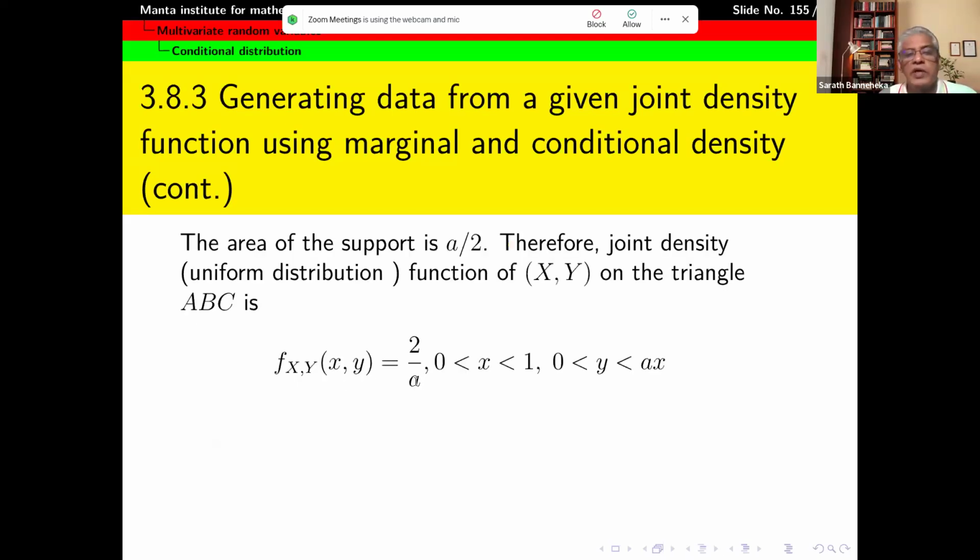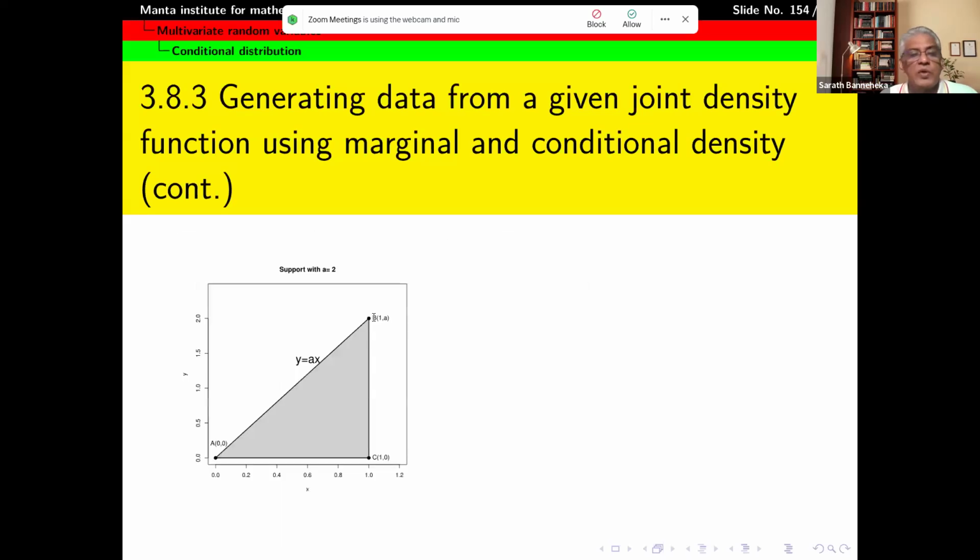So therefore, the height is 2 over A, where x is between 0 and 1, and y is between 0 and A times x, right? So at this point, x is equal to 1.